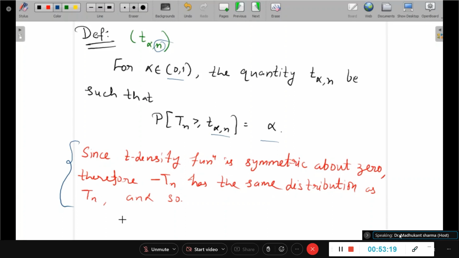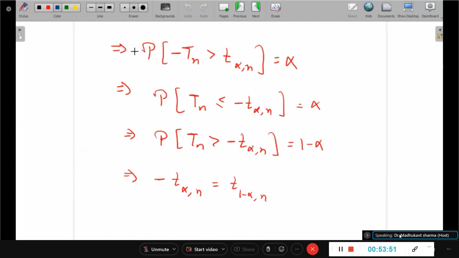In other words, you can show that F_Tn of x can be shown as F_minus Tn of x. It's very easy. Once you use this property, it implies that the probability that minus Tn is greater than T alpha comma n is also alpha.